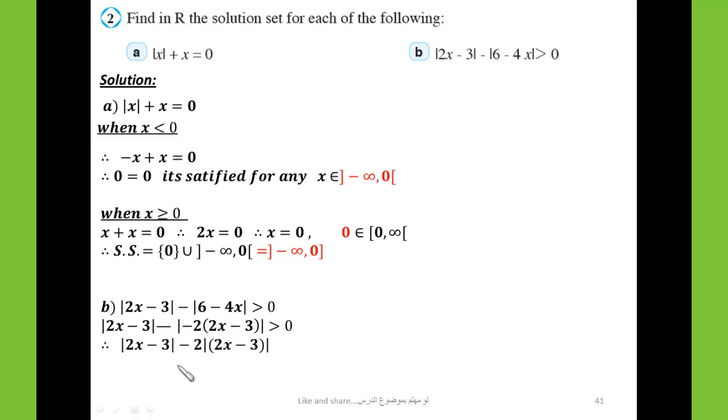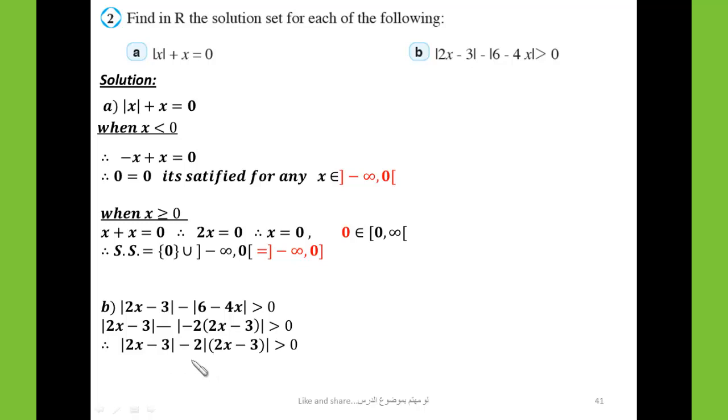And we write it again in the form: we have 2x minus 3, minus, and we take 2 out, it will be negative 2, and we have absolute of negative 2 times the quantity x minus 3 equals absolute of 2x minus 3. What happened here? The negative becomes positive inside the modulus, inside the absolute.